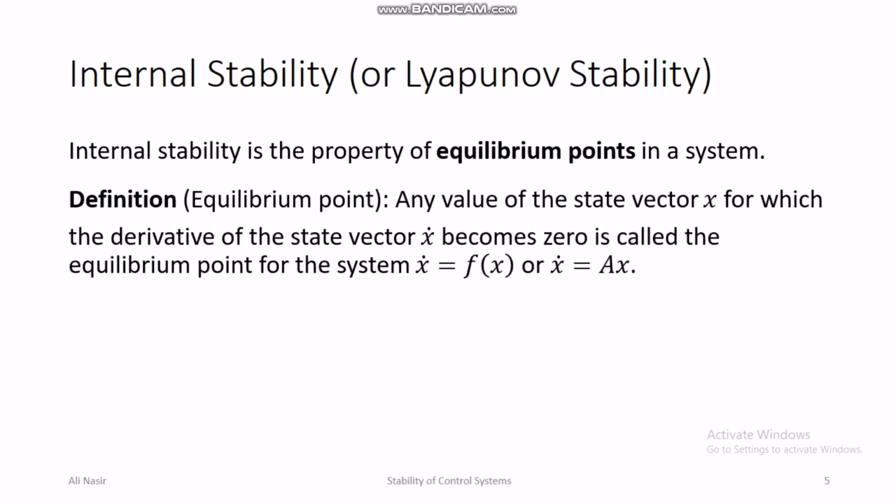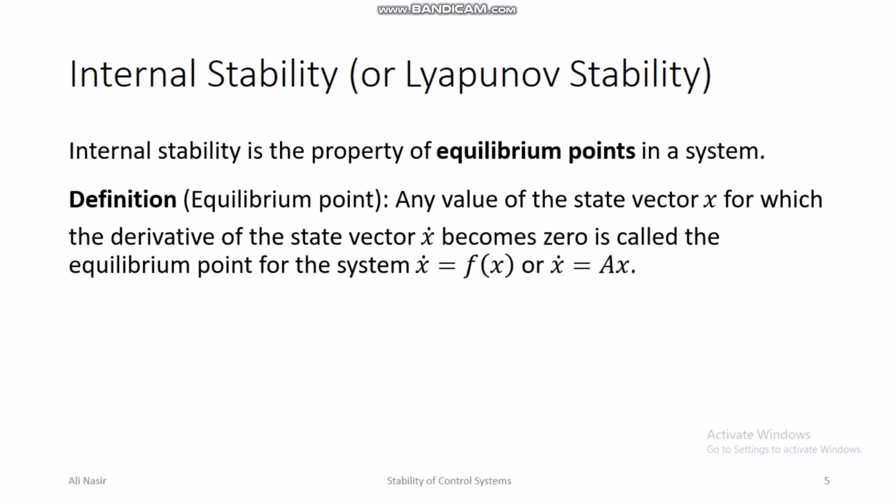An equilibrium point is a value of state vector x for which the derivative of the state vector becomes 0. This is basically the value of state vector for which the dynamics or the changes in the states are 0.